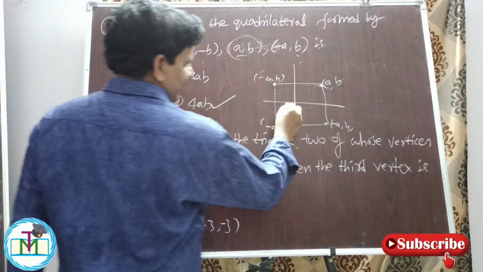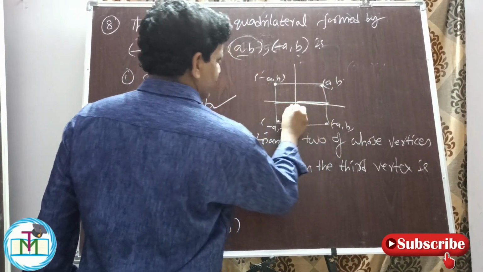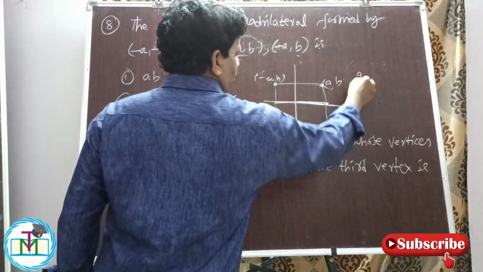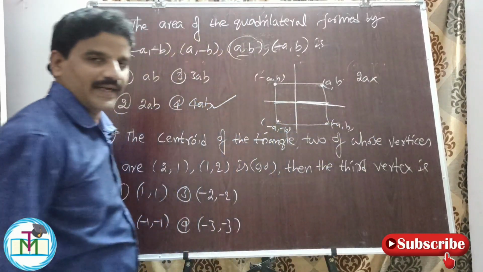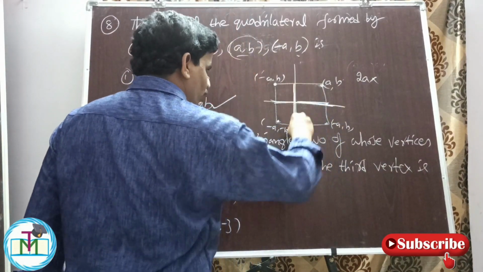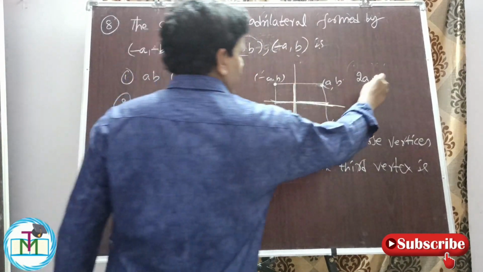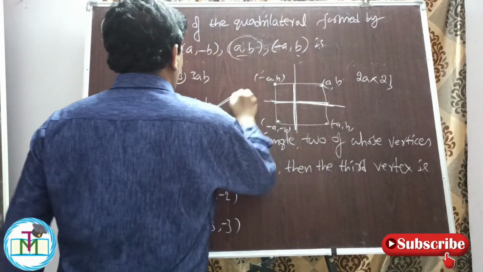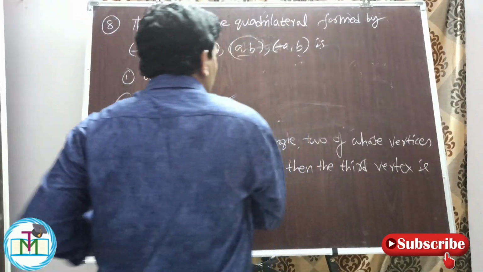So this length is what? This is a, this is a, total 2a. The area of the rectangle is length into breadth, 2a into 2b, since this is b, this is b. 2a into 2b, 4ab is the right answer.